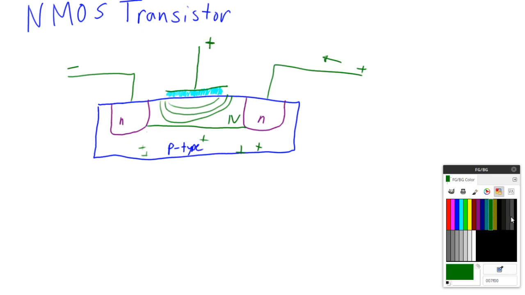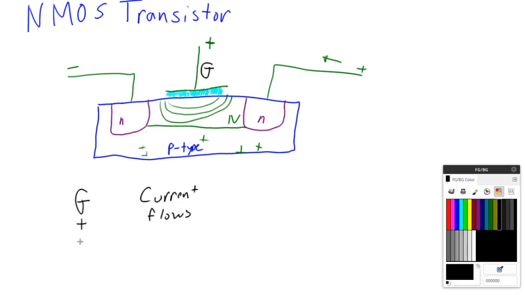So let's break this up here. This we call our gate. And really, to me, that's the important one. If our gate is a plus, then current flows.